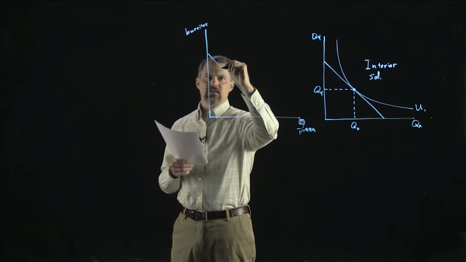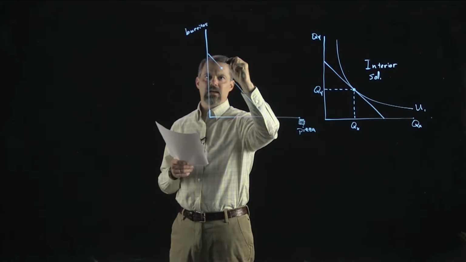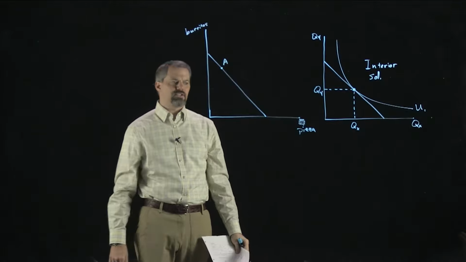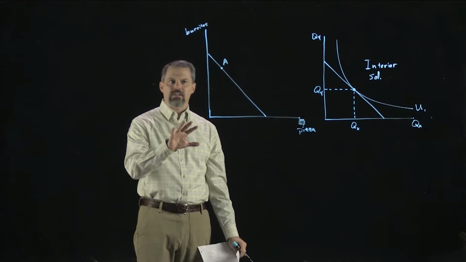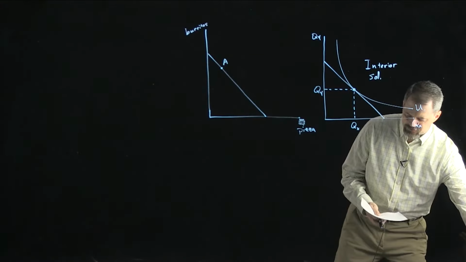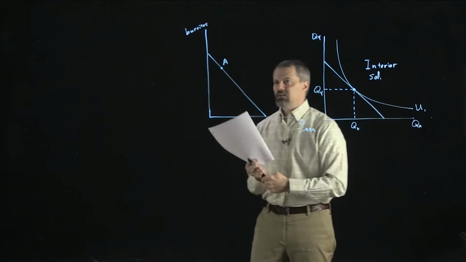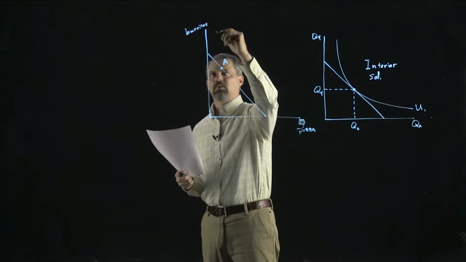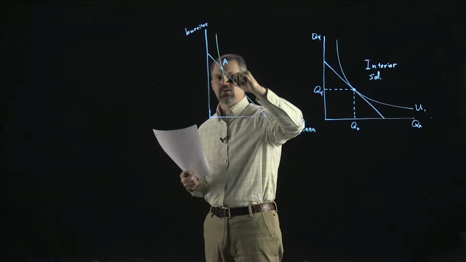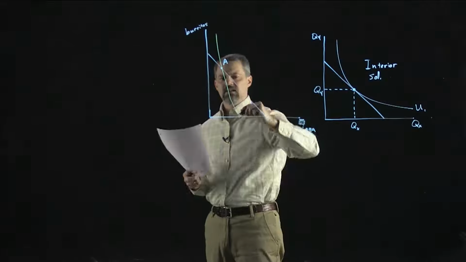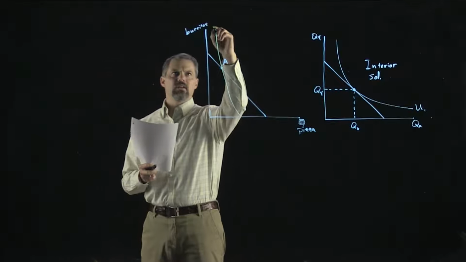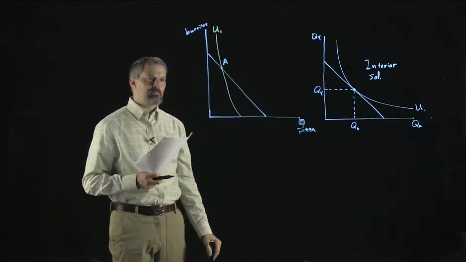Let's consider a bundle like A. Now let's go through the same process we went through just a little bit over there. We're going to draw the indifference curves through bundle A. And let's suppose they're kind of unusually shaped. Let's suppose they're really steep and they're just always really steep. Let's suppose they look something like this. They've got a little bit of curvature to them, but they're really steep. We'll call that indifference curve U1.